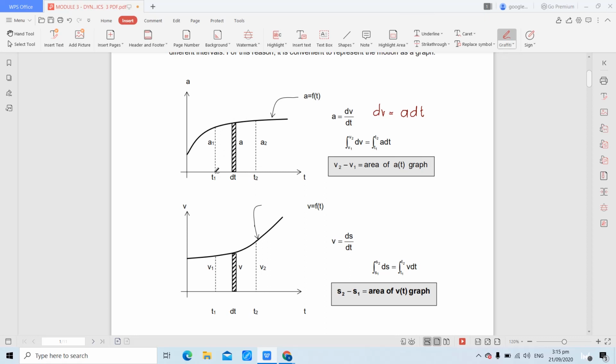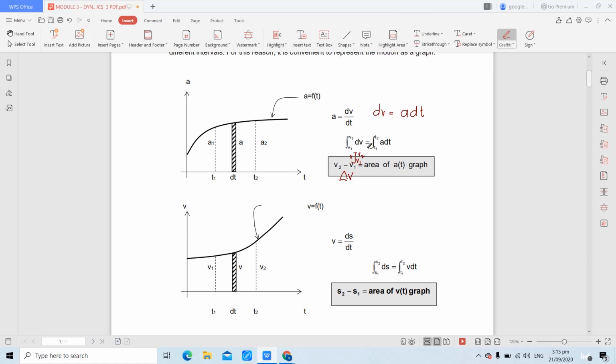Gets po? And then, integrating dv, that is v, from v1 to v2. Kapag i-apply nating limits, apply first upper limit, magiging v2 minus apply yung lower limit, magiging v1. v2 minus v1 or final velocity minus initial velocity or that is the change in velocity.